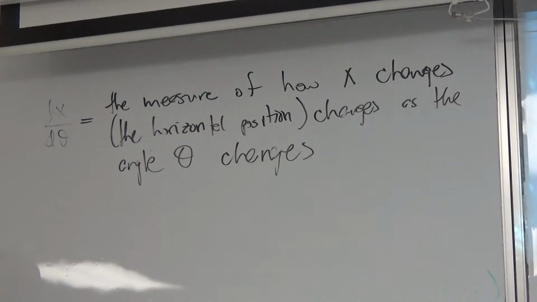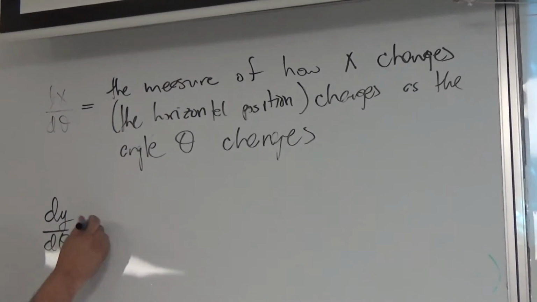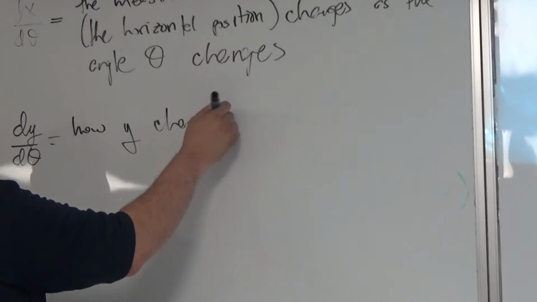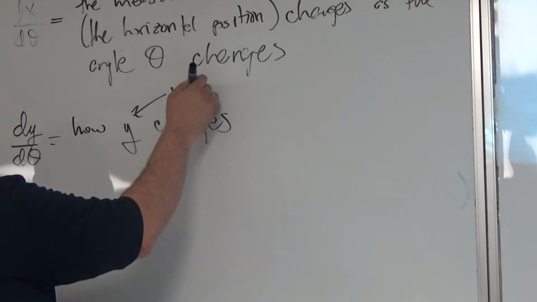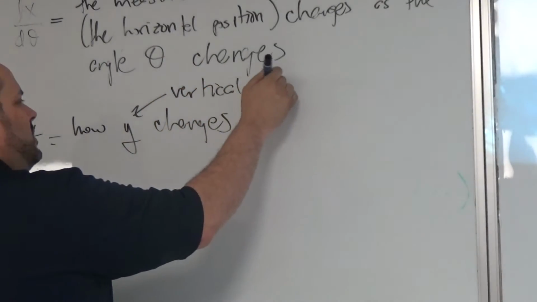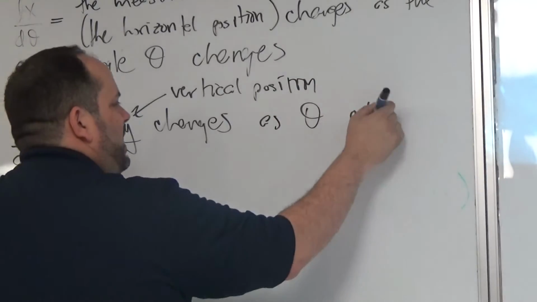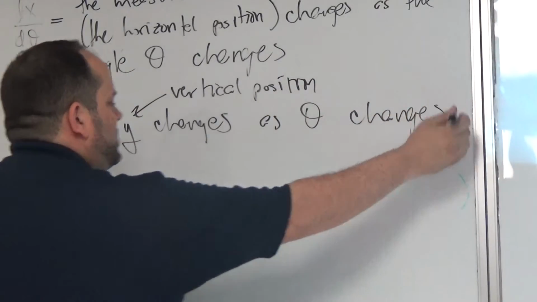What other derivatives do we see here? There's 3 more. dy d theta. Ryan, what is dy d theta going to tell you? How y changes, the vertical position, as theta changes, okay?